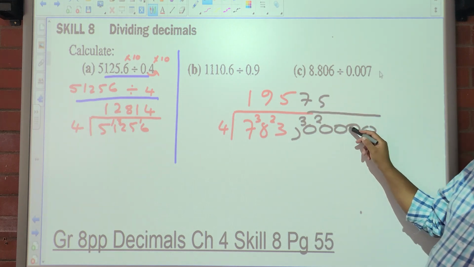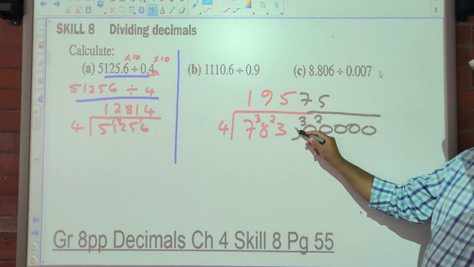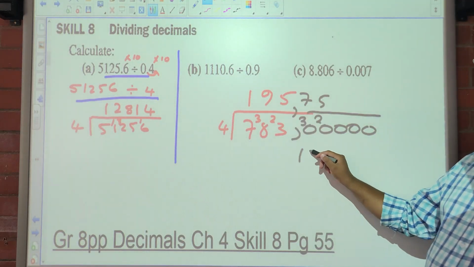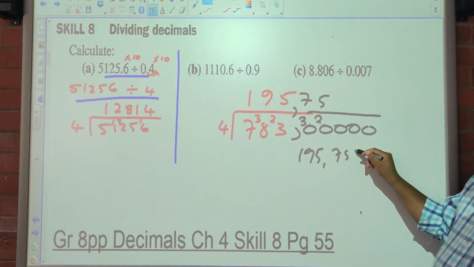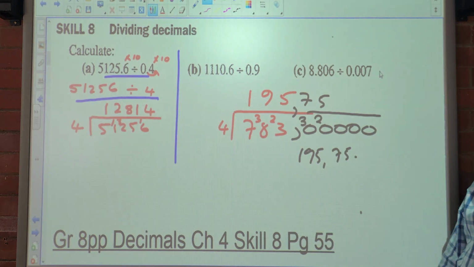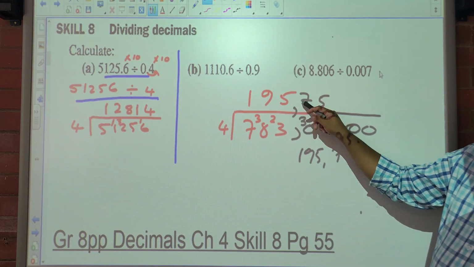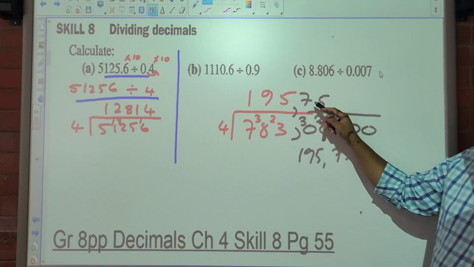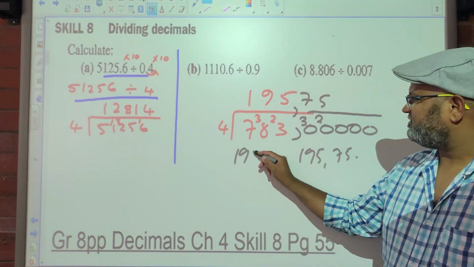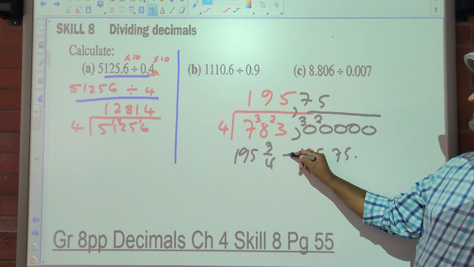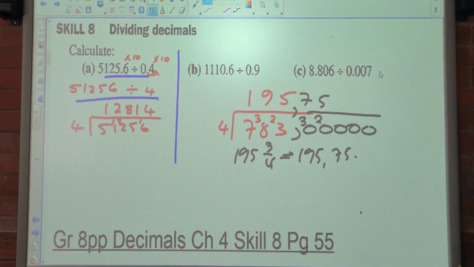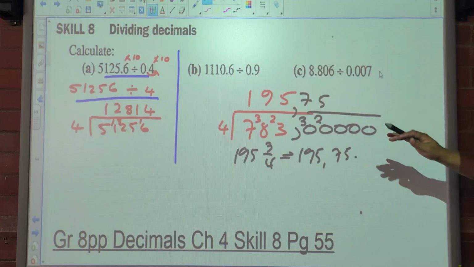Remainder 0, no? So then the comma goes in line with it. So that answer is 195,75. Or you could have said 195 remainder 3, because this would have been 195 and 3 over 4 remaining. That is the same. Okay. So watch out for that. It's just that the remainder is not just comma whatever.